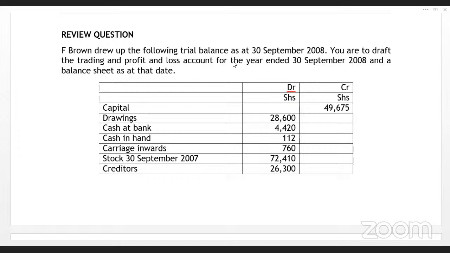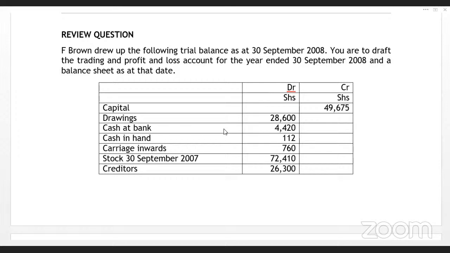F. Brown drew up the following trial balance as at 30th September 2008. You are to draft the trading and profit and loss account for the year ended 30th September 2008 and a balance sheet as at the date. Capital 49,675.